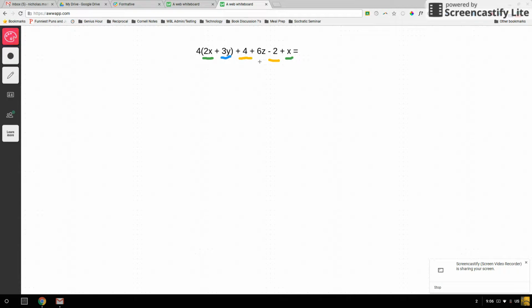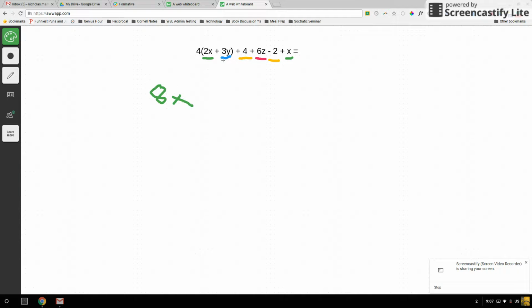And then I see a 6z down there. All right, now I start working them out. Well, I know that this isn't just 2x because I have this 4 on the outside. Once again, the distributive property. So this is 4 times 2x. Well, if I have 4 2x's, that's the same as having 8x.